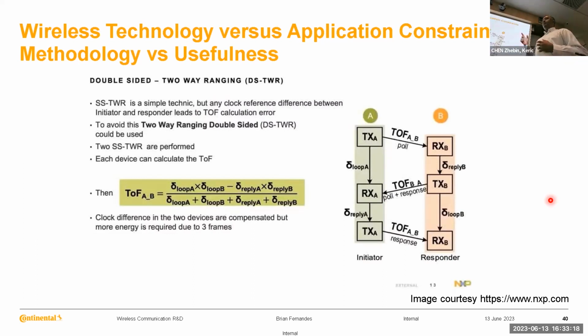Therefore, we can calculate back what is the distance. But if there are clock inaccuracies between unit A and unit B, then we try to eliminate it by doing a second communication back so that we can equalize the losses, and then perhaps a third. So then the question is, how many times should we make this transmission up and down to maximize our accuracy?